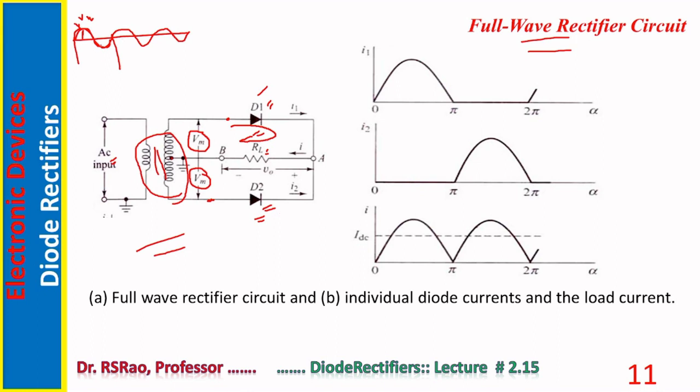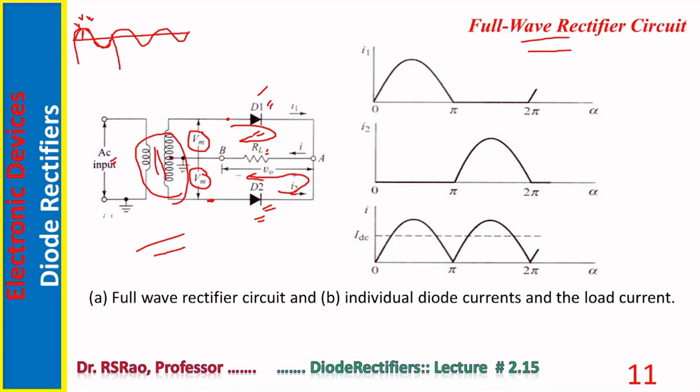During negative half cycle, anode of D1 is negative, so D1 goes off. Whereas anode of D2 is positive. It starts conducting. Now current starts flowing through D2, that is I2, and it flows through the load.